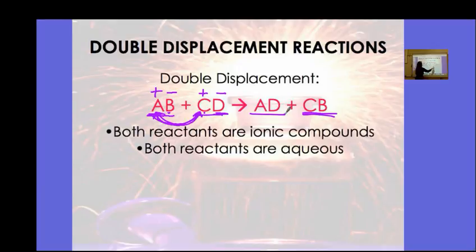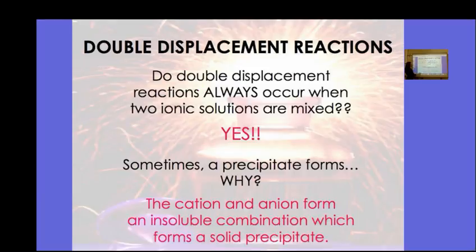Both reactants are aqueous. Both products can be aqueous, but sometimes you get a precipitate. What's a precipitate? Something that's solid. You saw this on the video. You saw this in the lab, the station C, where you had the yellow solution and the clear solution.